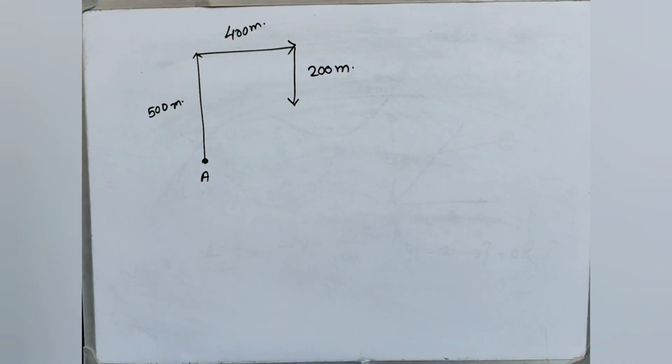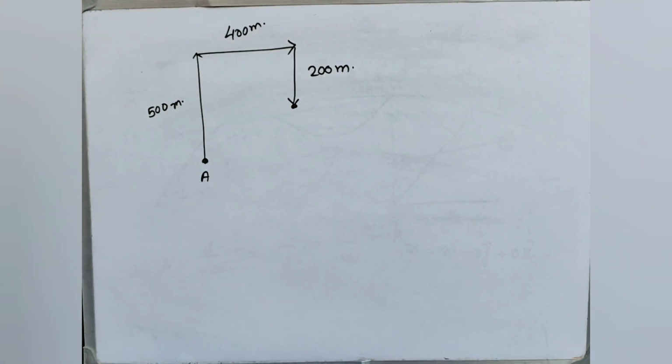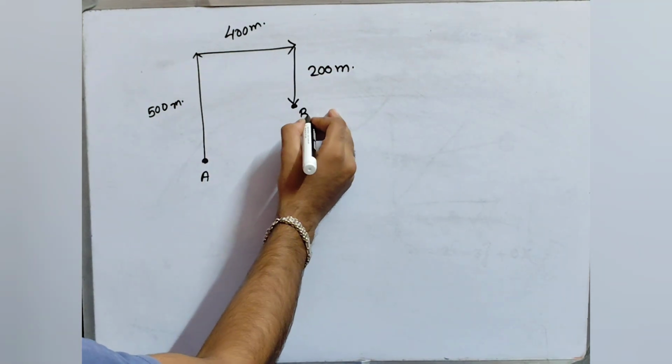Now you have to calculate his average speed and average velocity. Suppose the farmer has reached point B.